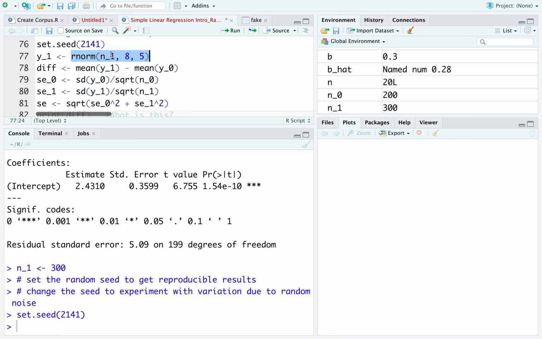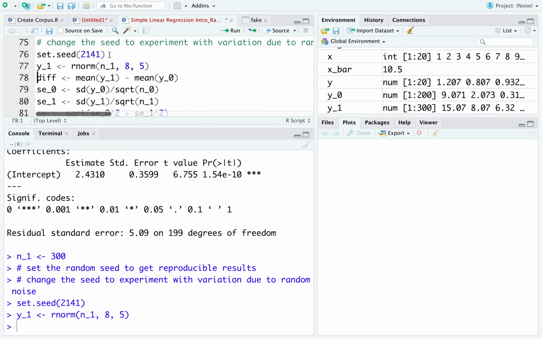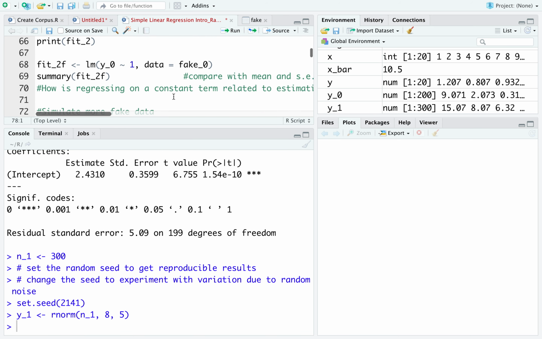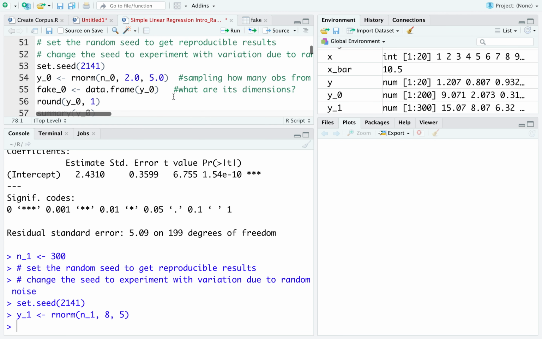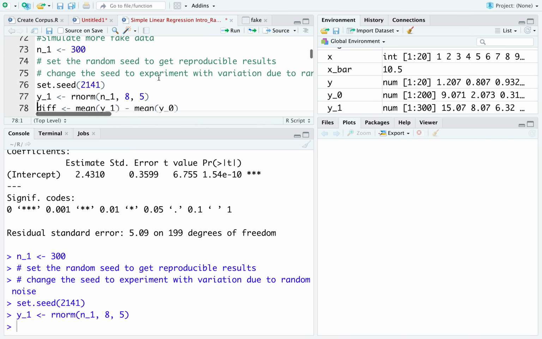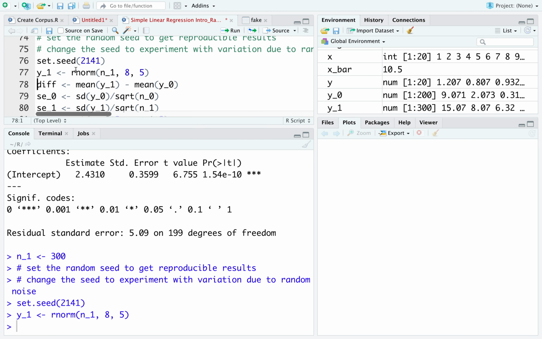So we're simulating, we're being the data generating force we're pretending to be. We're maintaining our y0, which were the 200 observations we centered on. What did we center on? 2, I think. Yeah, we had 2, standard deviation 5. So a different random normal distribution. We took a bunch of observations from there. Now we're taking 300 observations from a different data generating process, also normal.